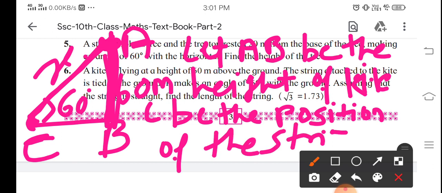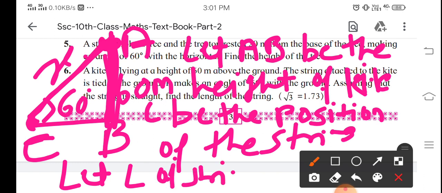Okay, that we have written over there. And just assume, let length, I'm writing with L only, length of the string, we are going to assume X length of that. Okay, I think this is clear.